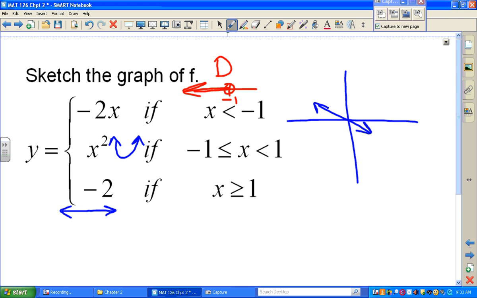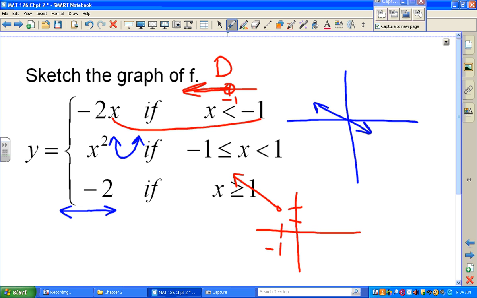It's not good for anything past that. So my real answer would be, if I went to negative 1 and put it in the equation, I'd get out 2, wouldn't I? There. Negative 1, 2. I put negative 1 in for x. I got out 2. Negative 1, 2.